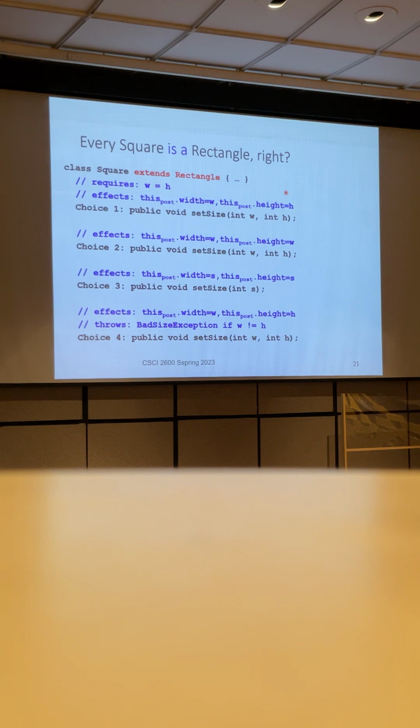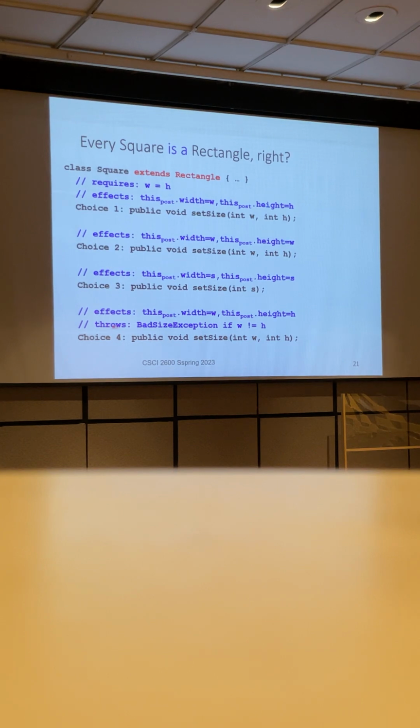We are inheriting width and height, and we don't need them. We only need one, like side. So we are trying either to guarantee that width and height are always the same artificially, or we are trying not to use one of them.